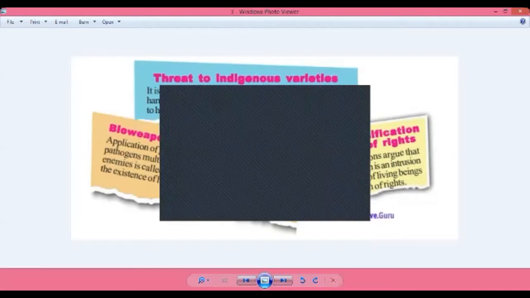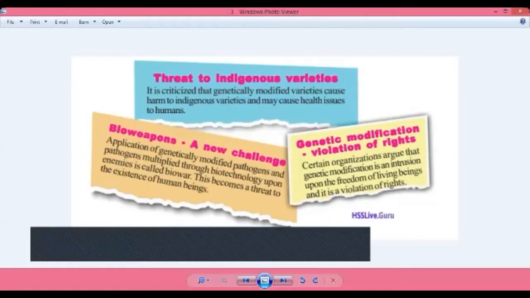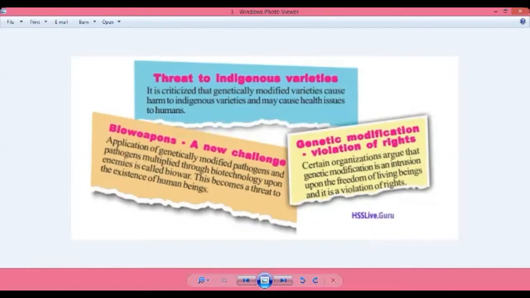So many people are criticizing that genetically modified crops will cause many health issues, and indigenous or native varieties will disappear from our earth if we always promote the hybrid varieties.